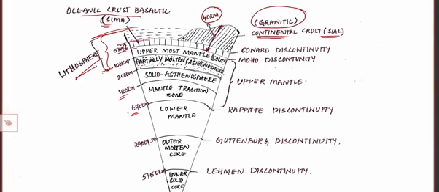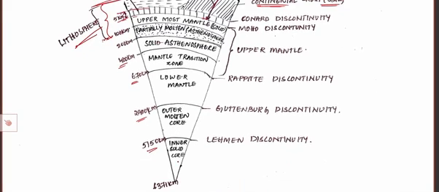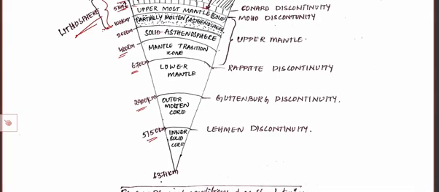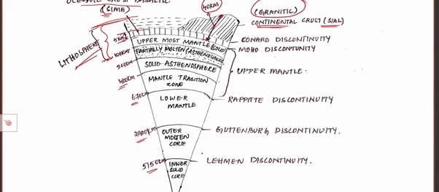The lower mantle is 670 to 2900 kilometers. The outer core is around 2900 to 5150, and the inner solid core is around 5150 to 6371 kilometers.